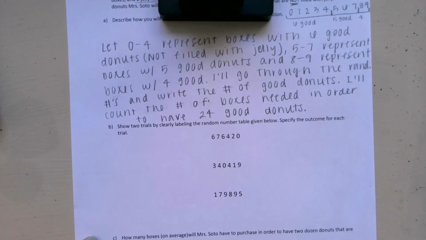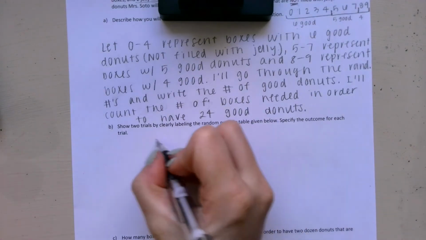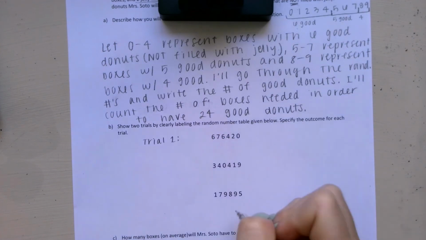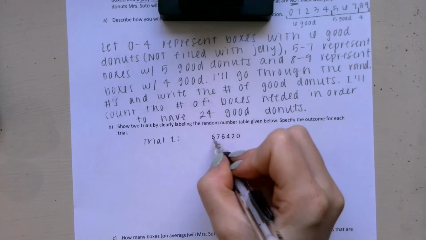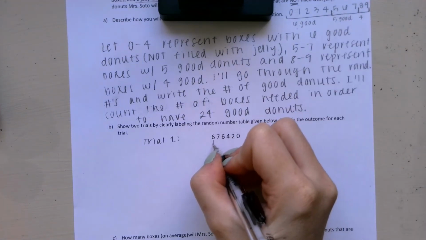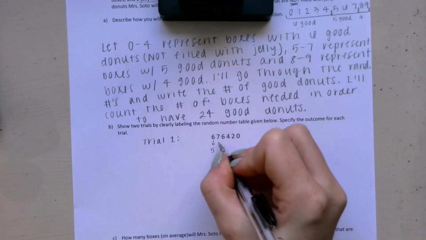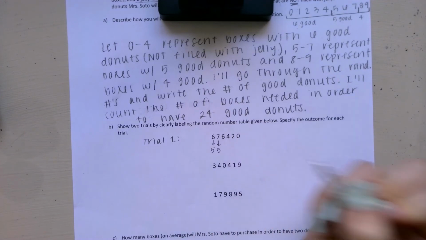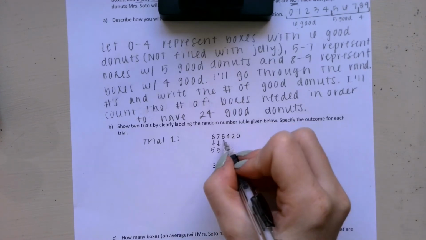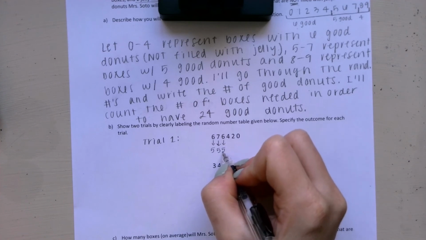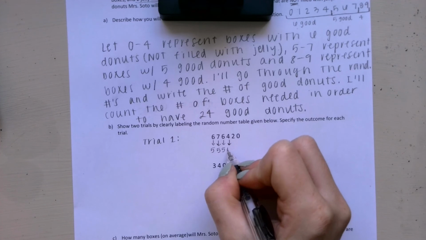Part B says we want to show 2 trials, so I'm going to start trial 1 here. So first digit I see is a 6. 6 means there were 5 good donuts. 7 is 5 good again, so I'm at 10. I'm looking for 24. 6 is 5, so that's 15. 4 is 6.